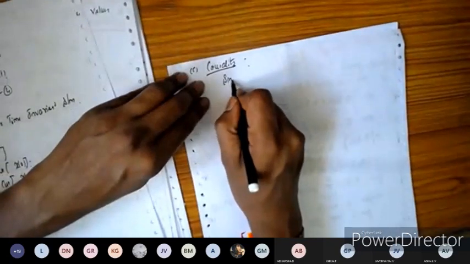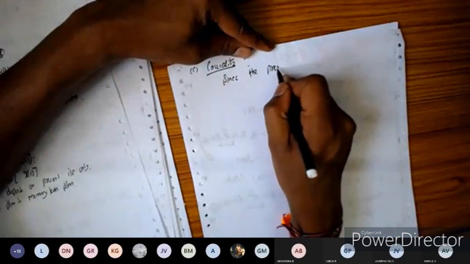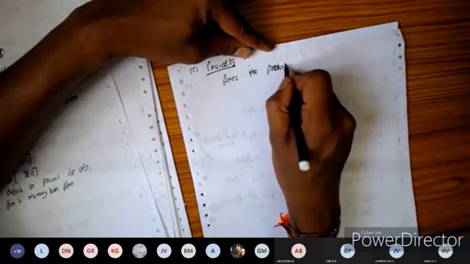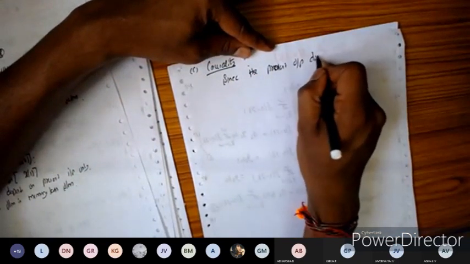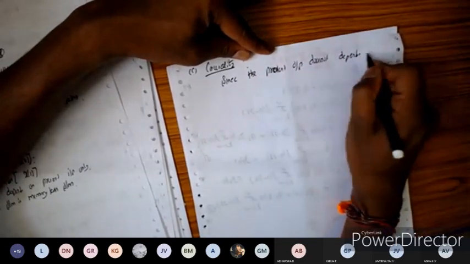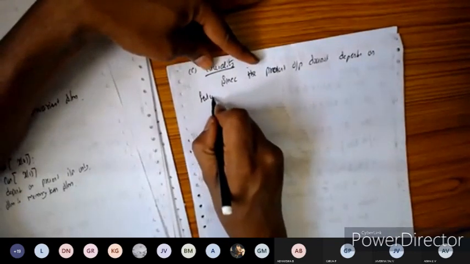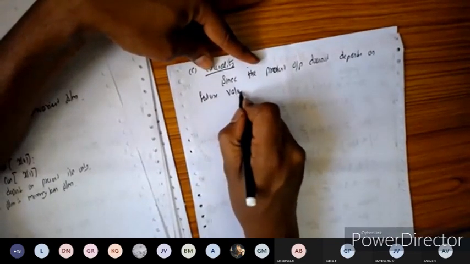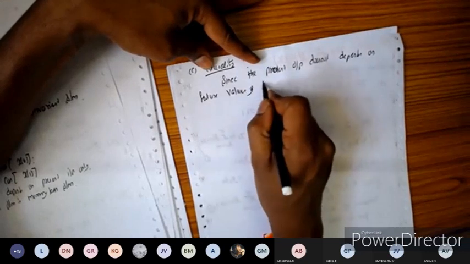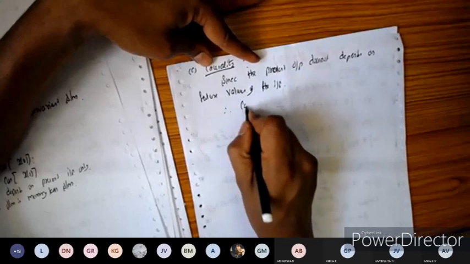Since the present output does not depend on the future values of the input, it's a causal system.